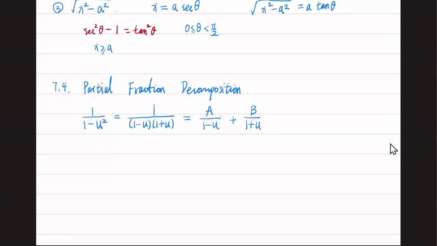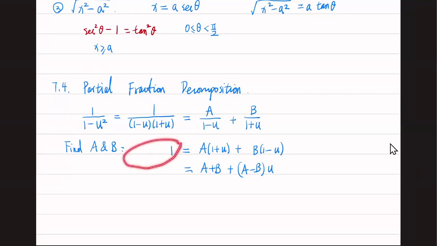To find A and B, the method will be to multiply both sides by the two products. We get this will be A plus B, A minus B. We'll compare the coefficients of the two polynomials on the left side and on the right side.